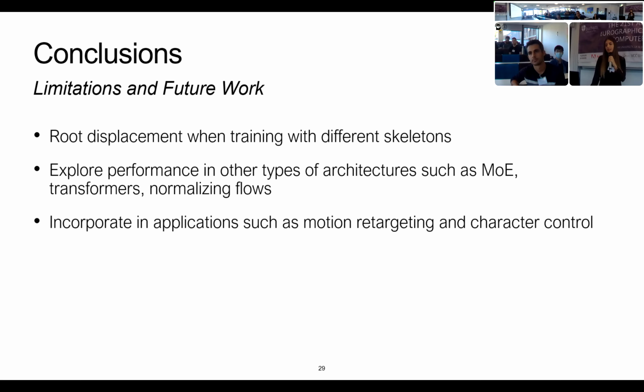Finally, we have used the task of motion prediction as a testbed, since it is the simplest task, which does not include external controls that might influence the performance of the representation. However, in the future, we would like to explore the performance in other tasks, such as motion retargeting and controlled environments.